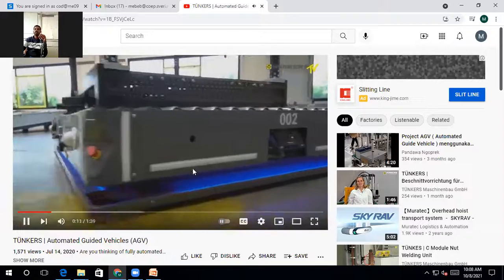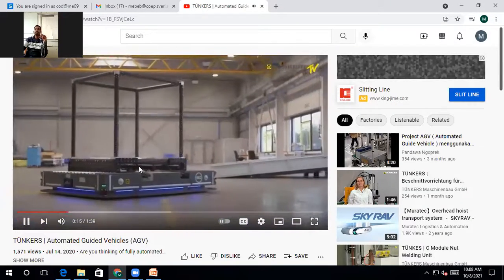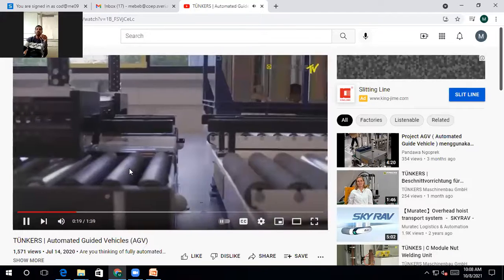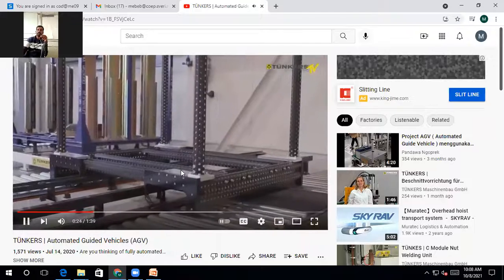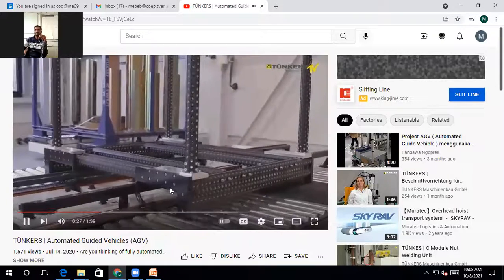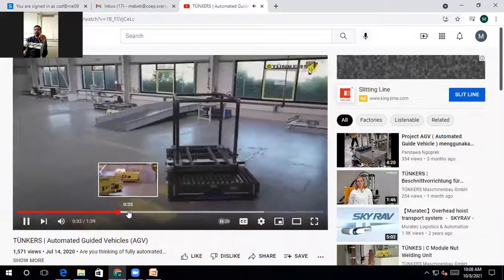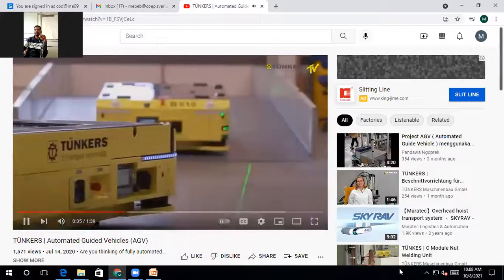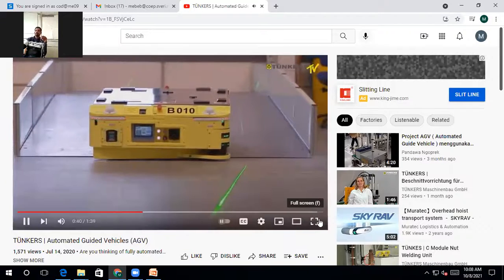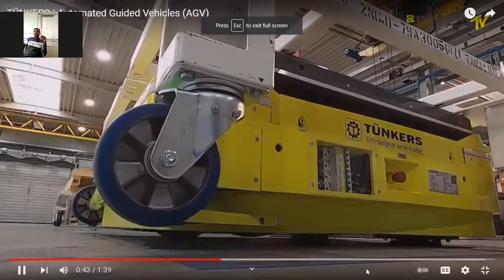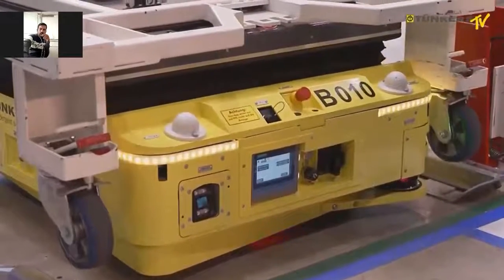Okay, this one is a small cart used to lift weight, and it will move from one place to another place. You can see this.